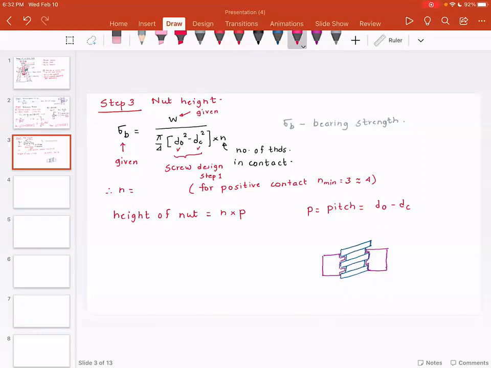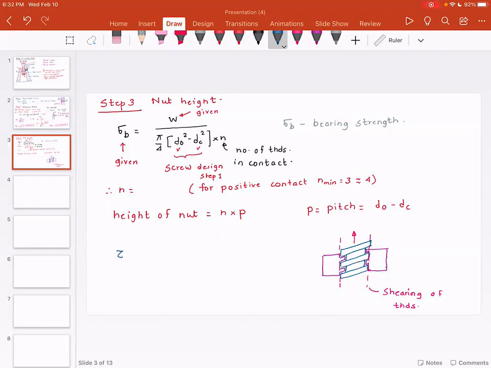Just visualize that this blue screw sort of broaches out the nut. So what would happen is, the nut would actually shear off at these points. So this is where the shearing of threads could happen, and to compensate for that, we have to make sure that our design is safe.